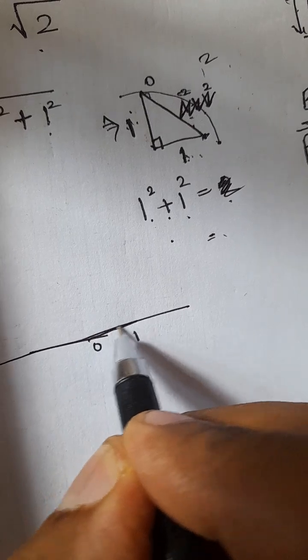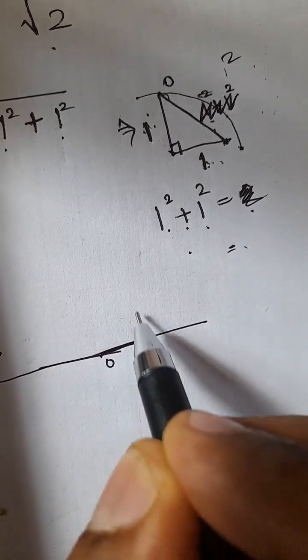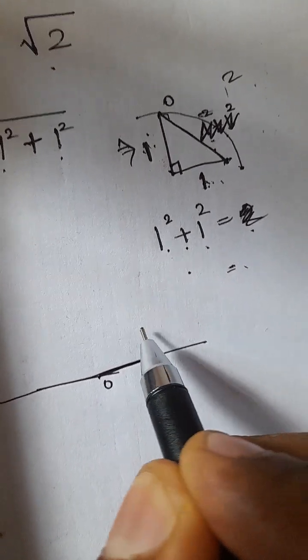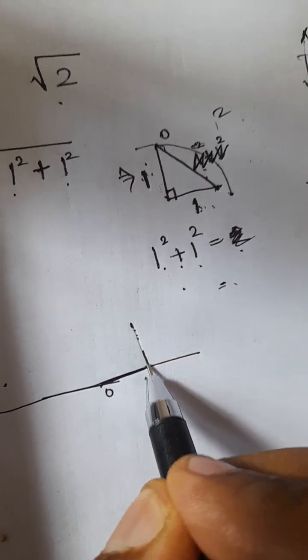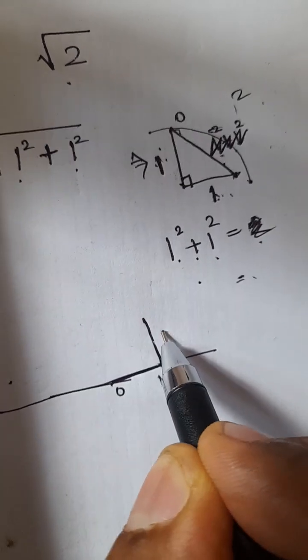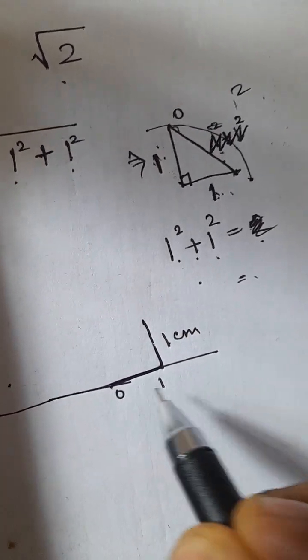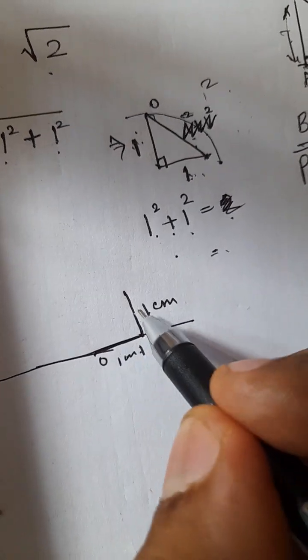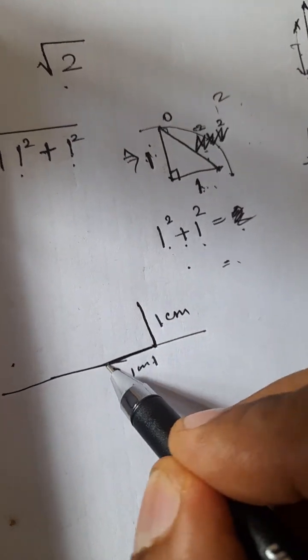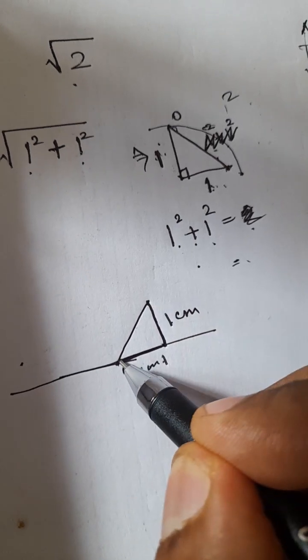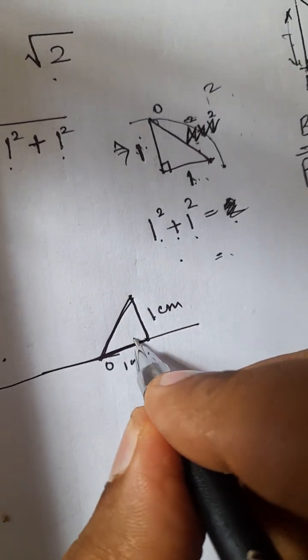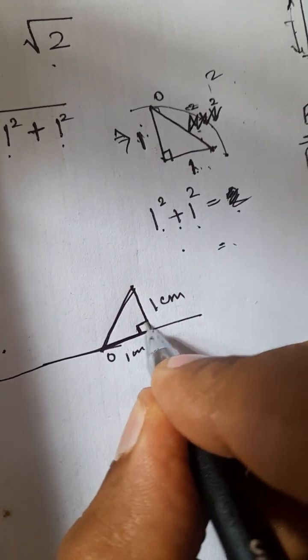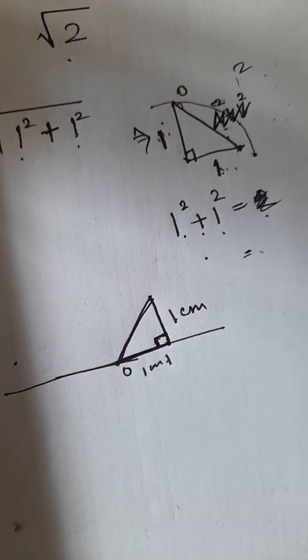I take one unit, and at this point I draw another line of 1 unit, 1 centimeter. Then I join these two ends. So this becomes a right angled triangle, with 90 degrees formed here.